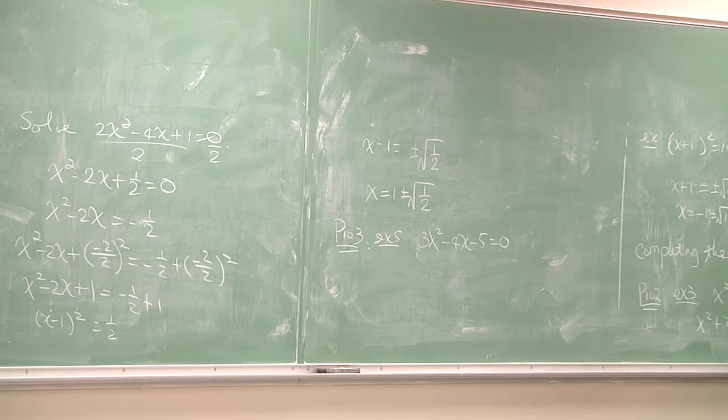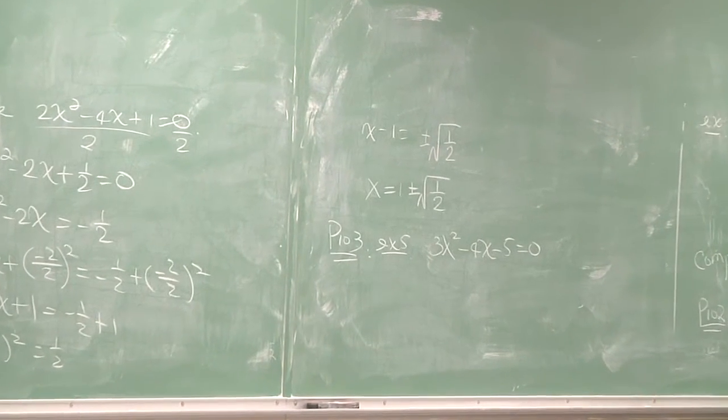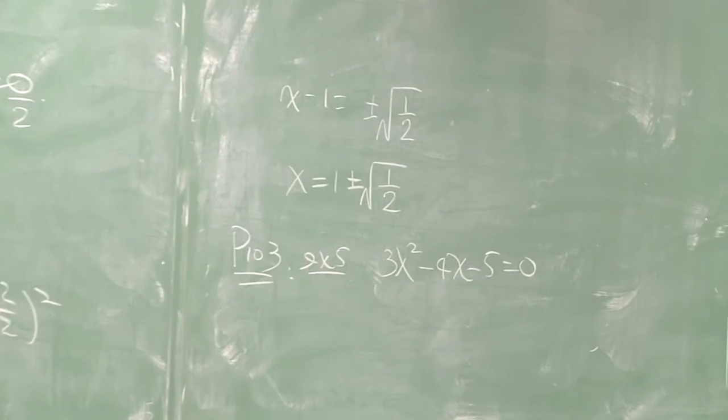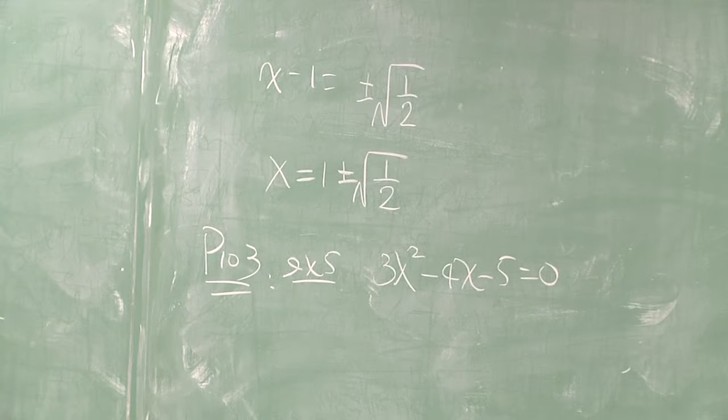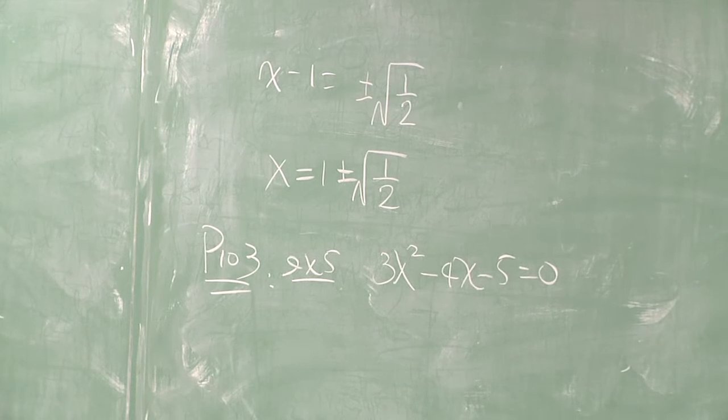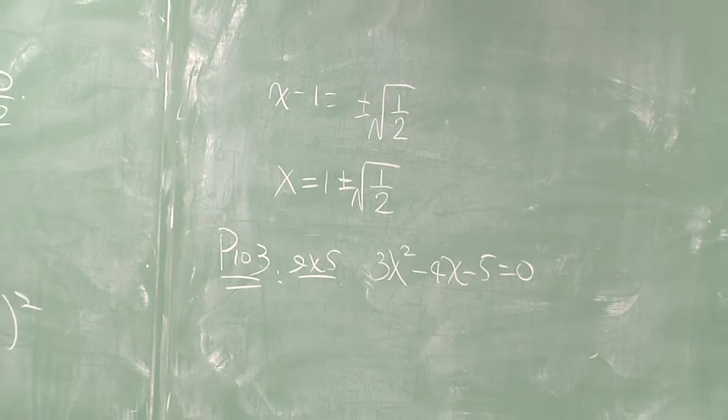Okay, if you try to factor the left side, it will not work out. It doesn't work. You always want to solve the equation by an easy way, but it doesn't work in this case. So we have to do completing the square, right?